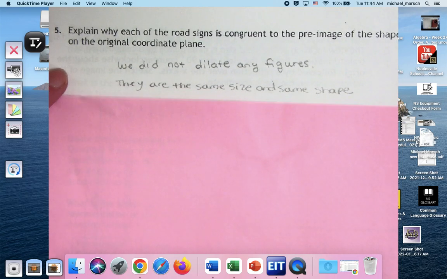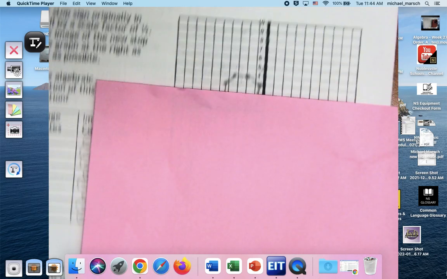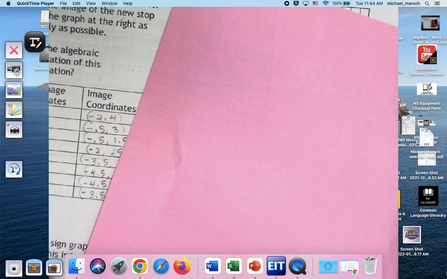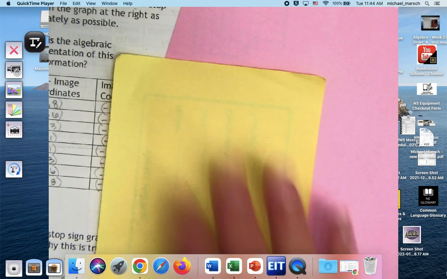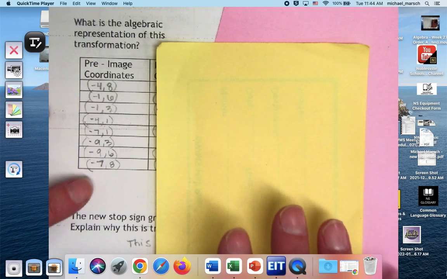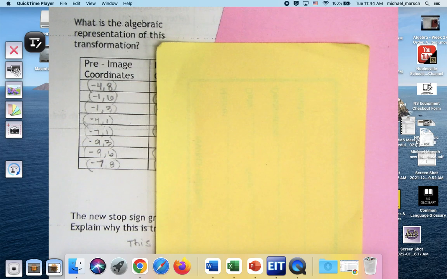So what you need to do first is figure out the pre-image coordinates. So go ahead and copy those down because I don't want anybody to be confused when it comes time to dilate them.